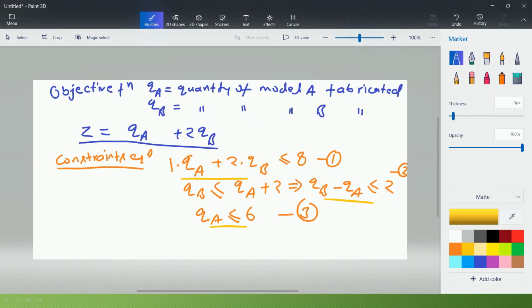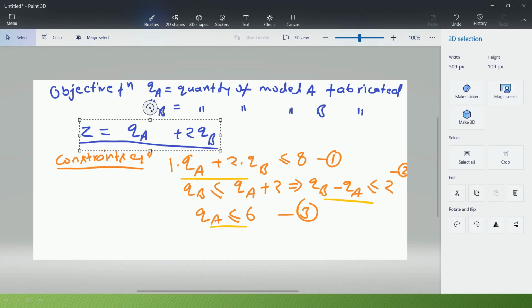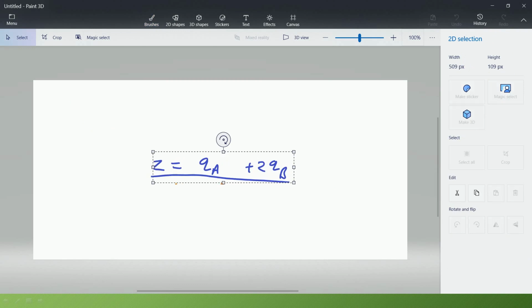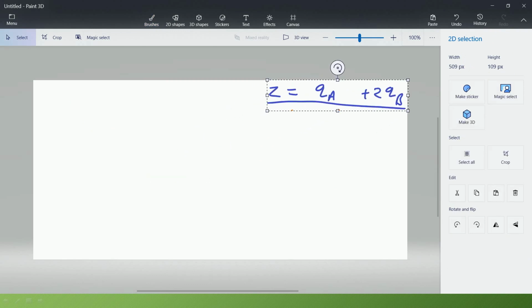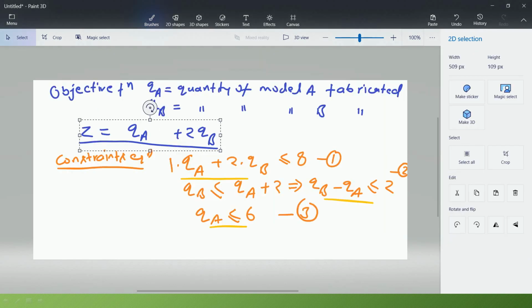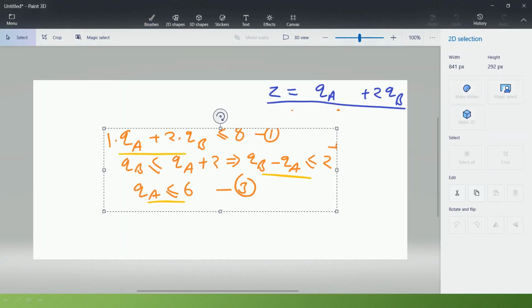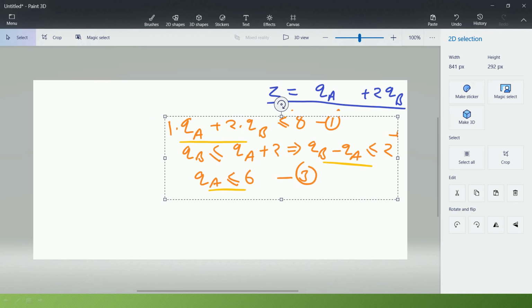So instead of writing the objective function, let me copy this using Control C and paste it here. Okay, so this is our objective function. Okay, I will minimize it.